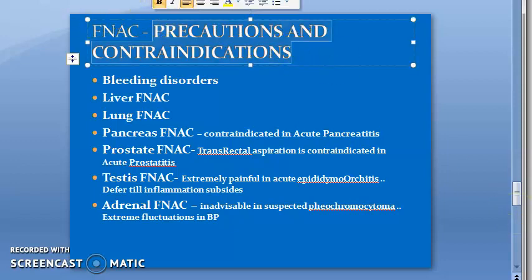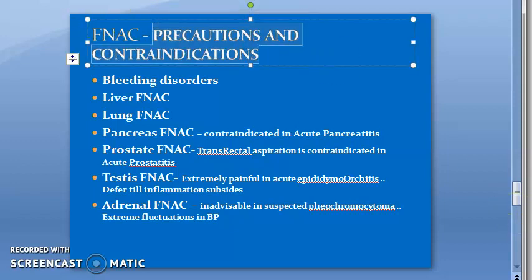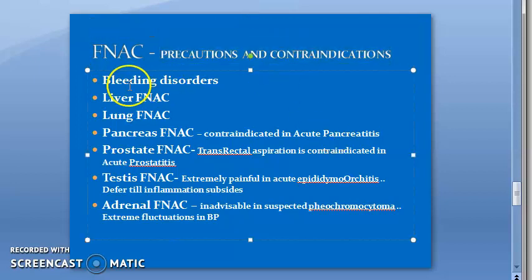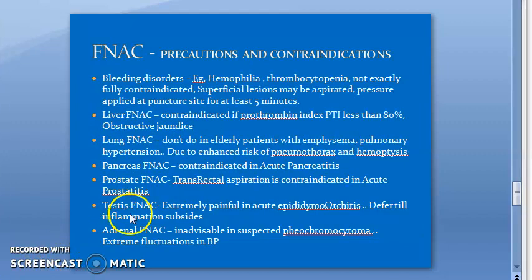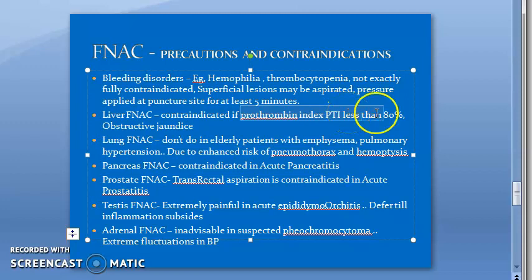Precautions and contraindications of FNAC. If the person has bleeding disorders, be careful. If the person has obstructive jaundice, be careful. If the person has a low prothrombin time, you should be careful, correct? It's more like if the prothrombin index is less than 80%, then it is contraindicated.